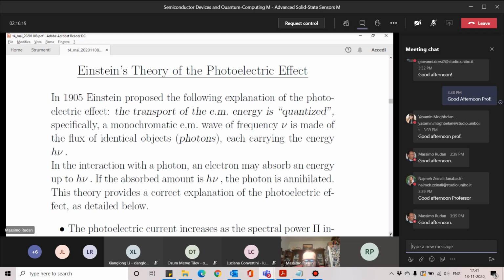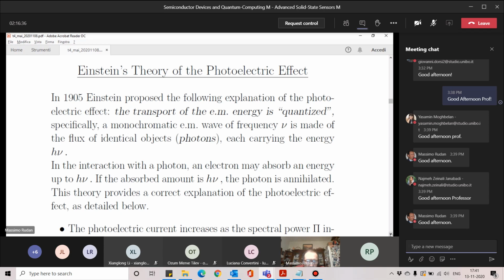To better specify this sentence, we must say that we start with the general electromagnetic field, in vacuum.